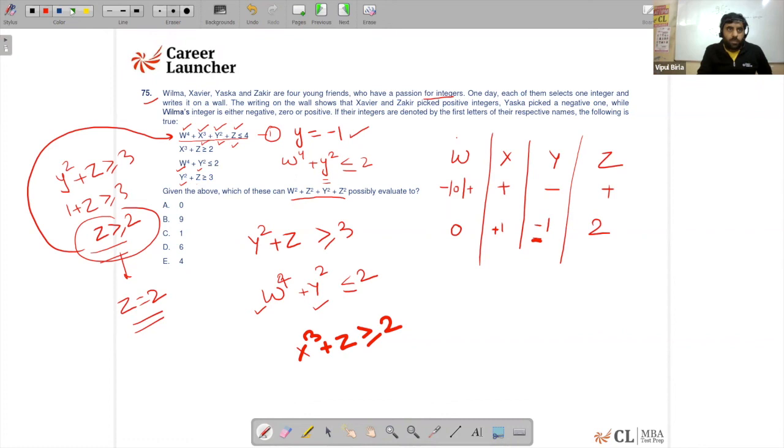So since we are able to identify values for w, x, y, and z, now the question says, given the above, which of these is possibly evaluate to? Okay, so I know w square is going to be 0, z square is going to be 4, x square is 1 and y square is 1. The sum will be equal to 6, which is an answer to this question.